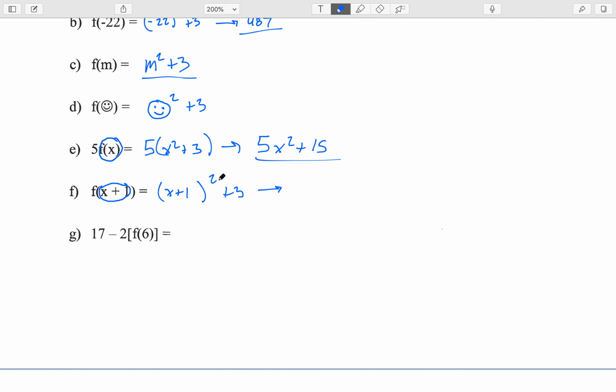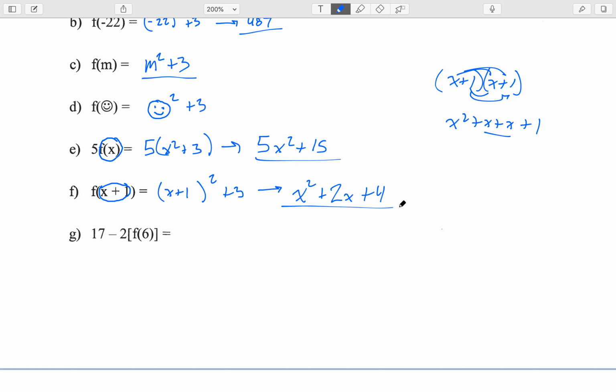Remember, this is x plus 1 times x plus 1. I remember this. X times x is x squared plus x plus x plus 1 times 1 is 1. Careful, not 2. So here's my answer. I'm going to get x squared plus 2x plus 1 plus 3. So plus 4. Done. That's what it is.